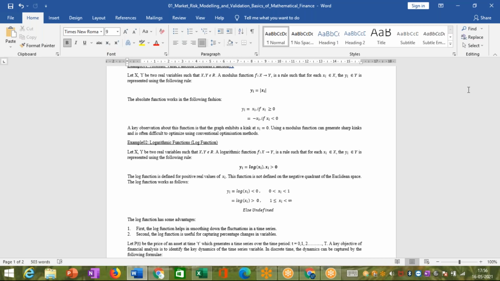So exponential functions are used to describe those paths where the variables grow at a constant rate over time. Basically, if the percentage of growth of a variable is constant over time, then you use the exponential function to describe the path of the variable.